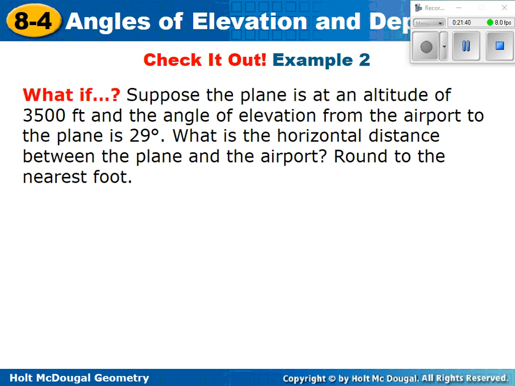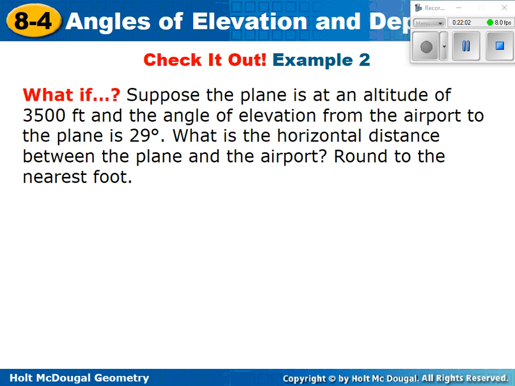Altitude. What does altitude mean? Back in chapter 5 we talked about altitude. Altitudes go from the vertex perpendicular to the opposite side. Altitude is another word for height. So what's the height of your triangle? Right.